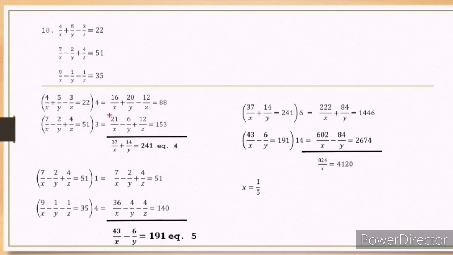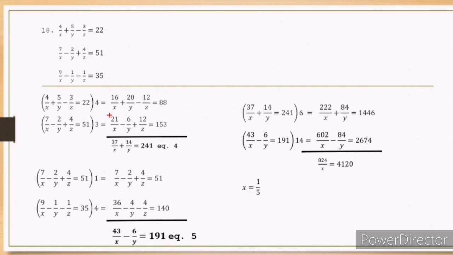Then 9 over x minus 1 over y minus 1 over z is equal to 35, times 4 is equal to 36 over x minus 4 over y minus 4 over z is equal to 140.